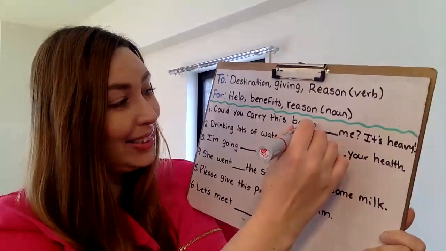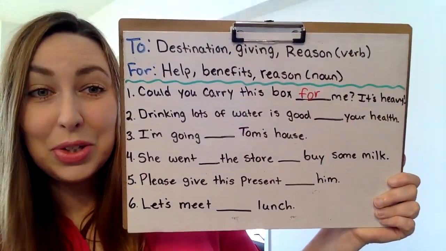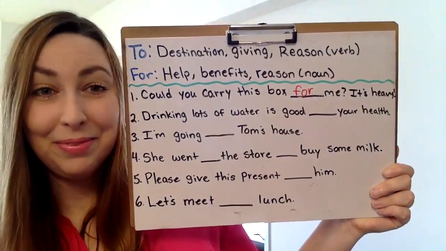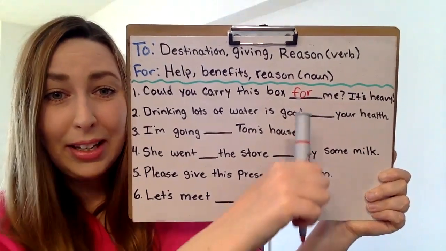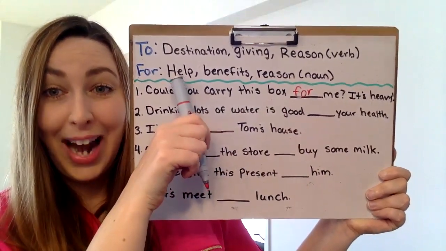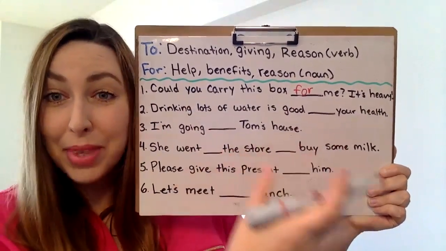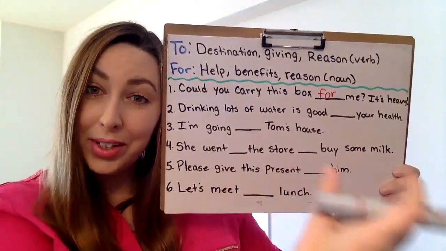The correct answer is "for me." Could you carry this box for me? Very good. Okay, it's heavy. Could you do this for me? So we are asking for help. Could you do something for me? Okay, I will do something for you.